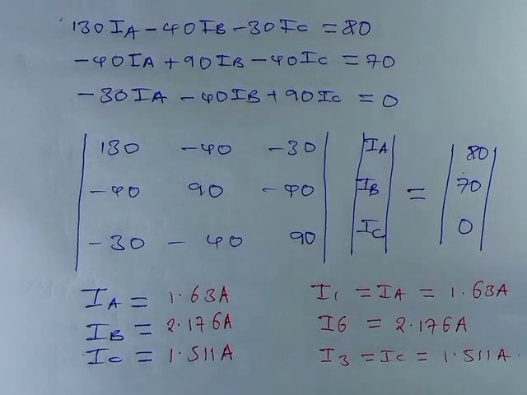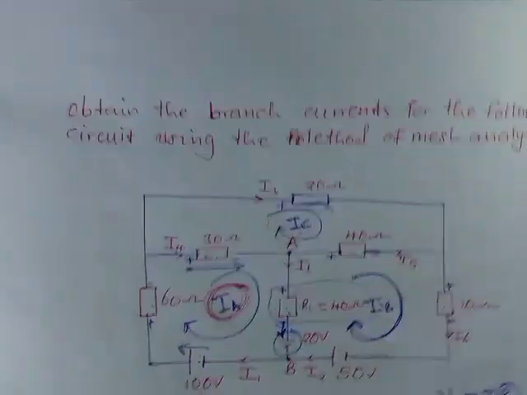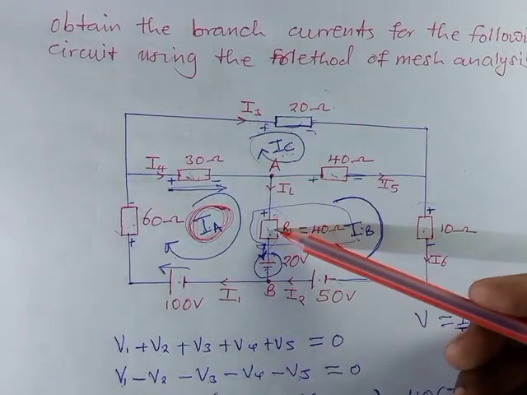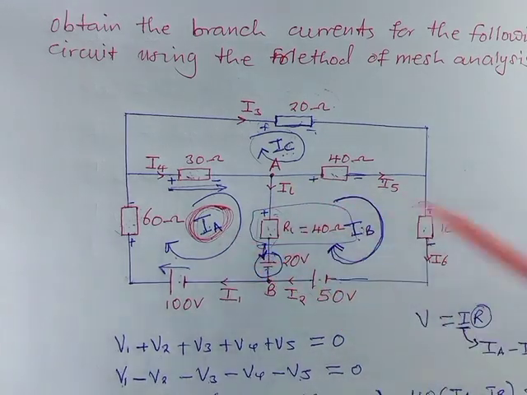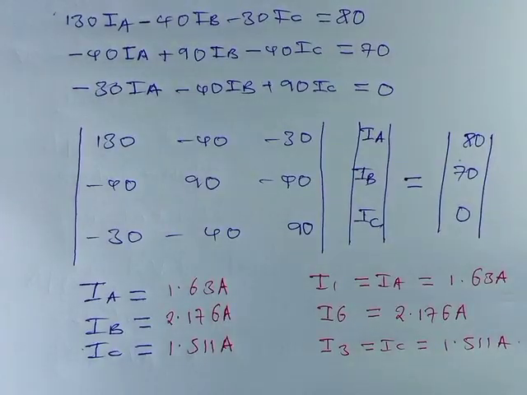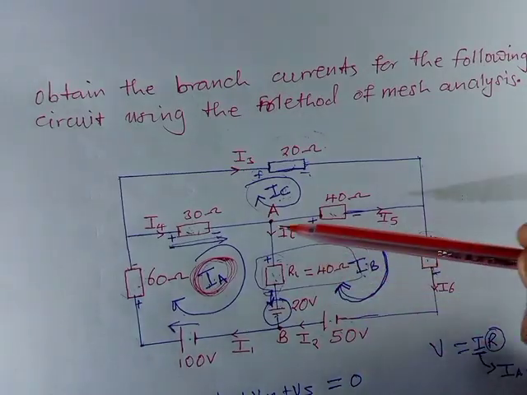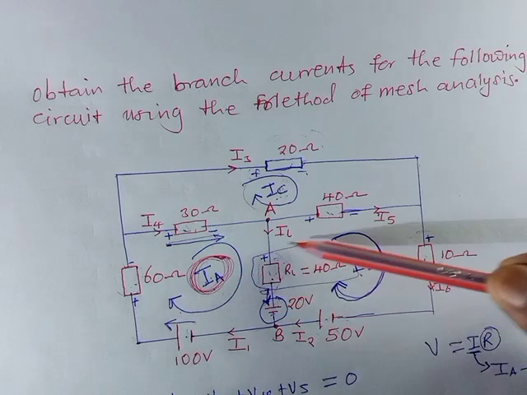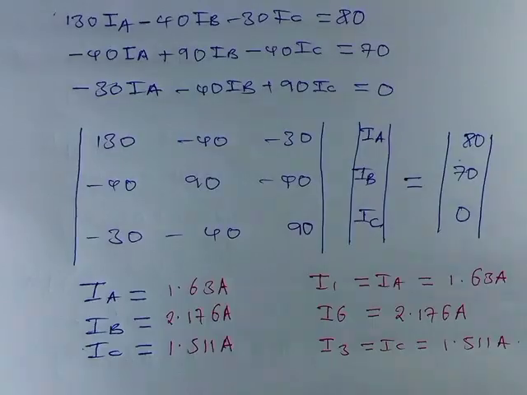giving us 1.511 amps. Wow. If you proceed, you understand that here IL has to be equal to IA minus IB.